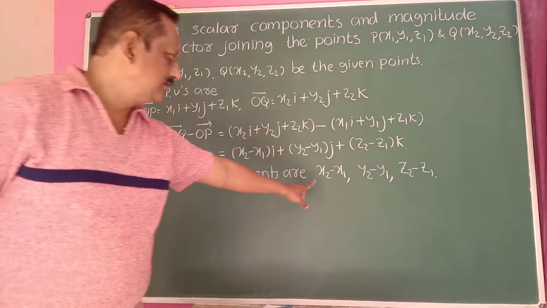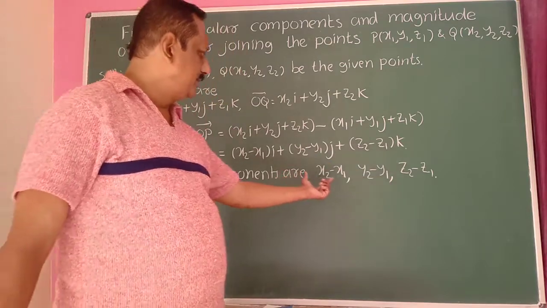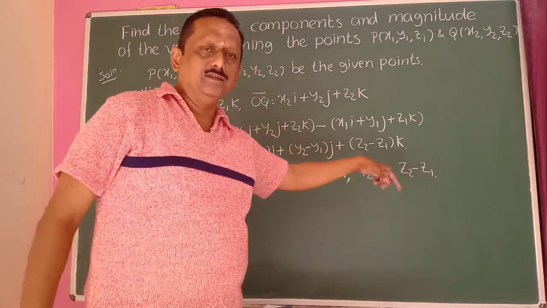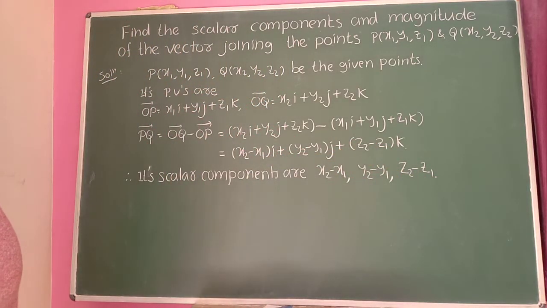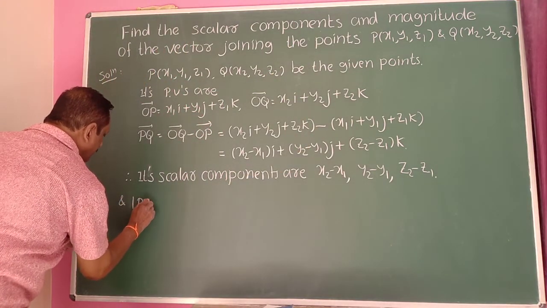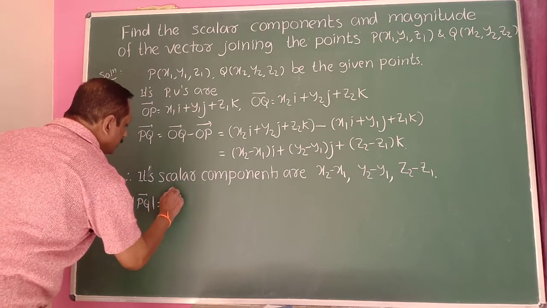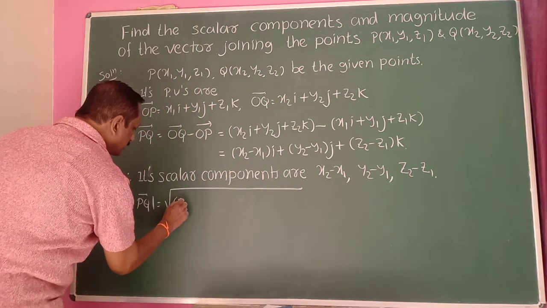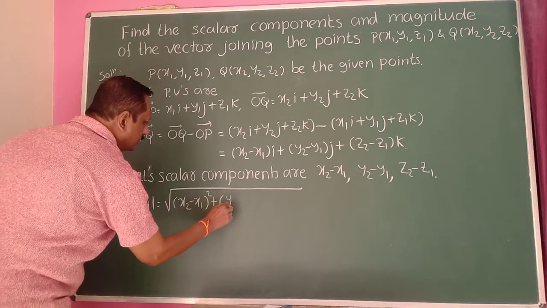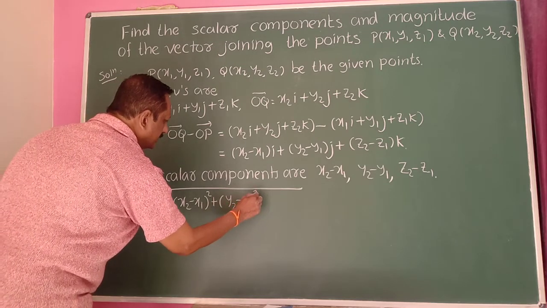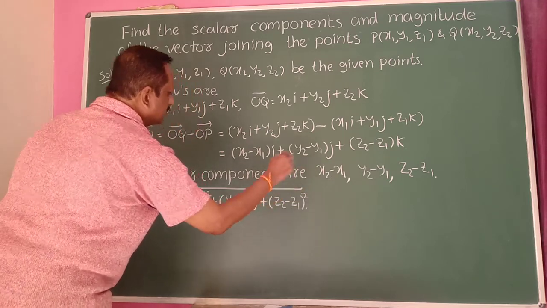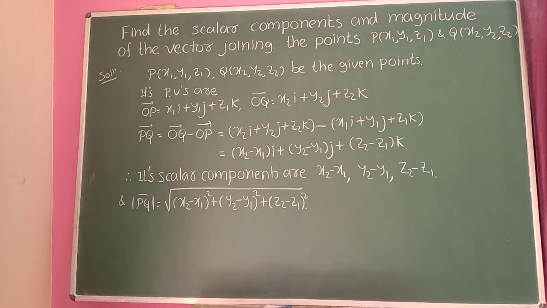Only these are the scalar components. If this multiplies with i, this term with j, this term with k, then those become vector components. And also find the magnitude. The magnitude, modulus of PQ, is the root of x2 minus x1 whole square plus y2 minus y1 square plus z2 minus z1 square. So this is the magnitude of the vector PQ.